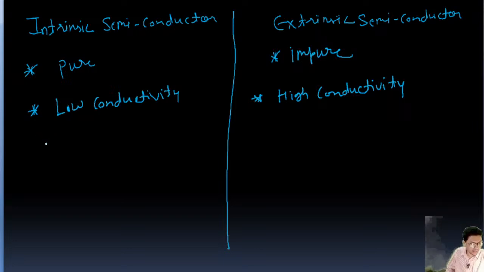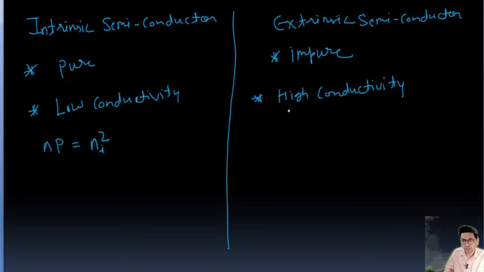And for an intrinsic semiconductor, Np is equal to Ni square.